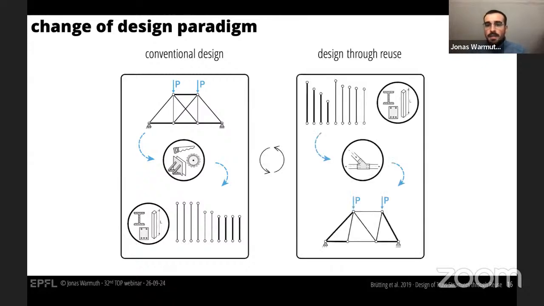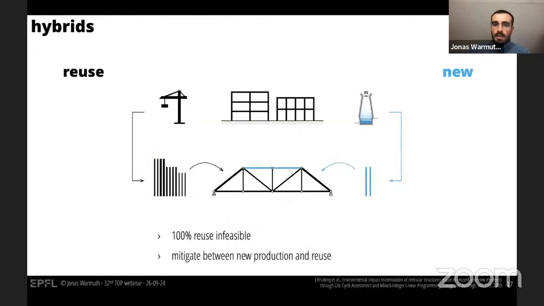The elements are already there, and we need to find good connections, a good overall layout for our structure, such that it makes sense. And the second thing in reuse is that we usually aim for hybrid solutions. So 100% of reuse is in general infeasible because it would end up in a very highly overdimensioned structure. And so we try to add from time to time new elements as well, because this in the end gives us really the structure that has the lowest environmental impact.